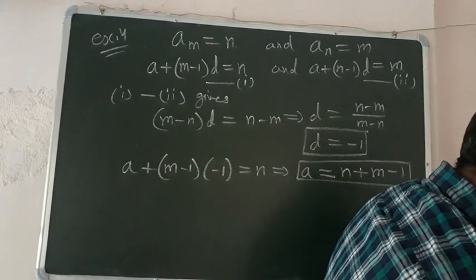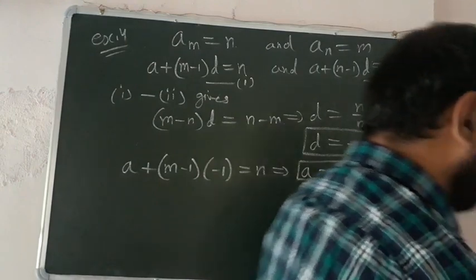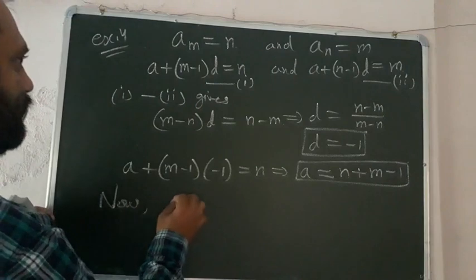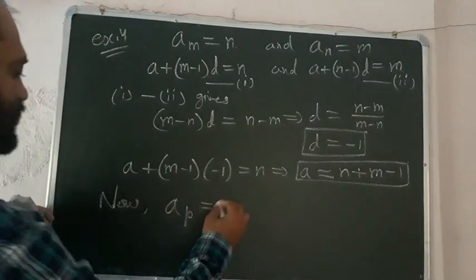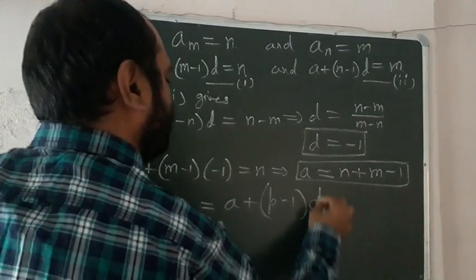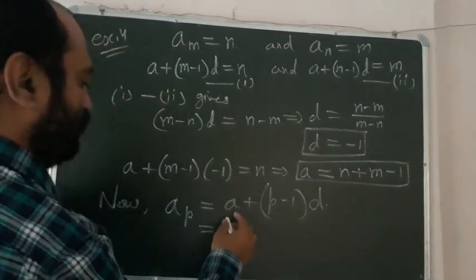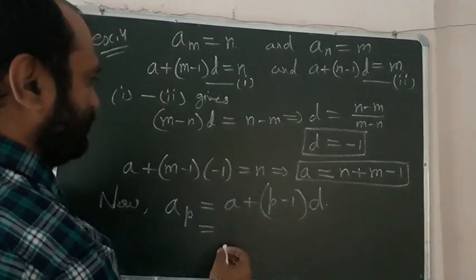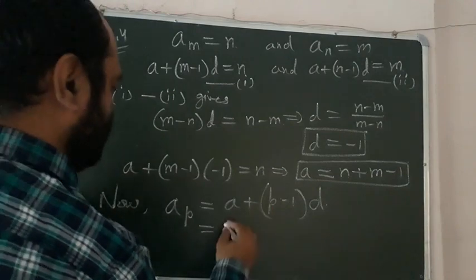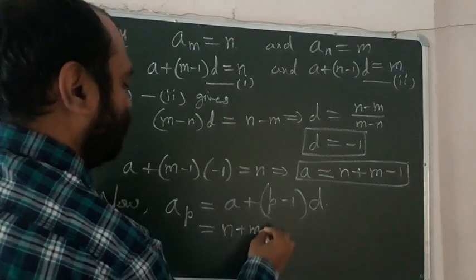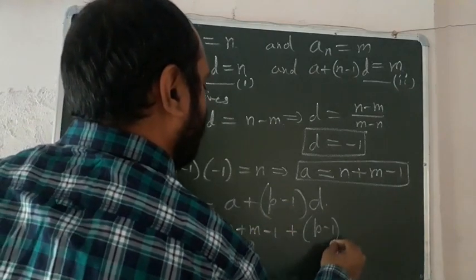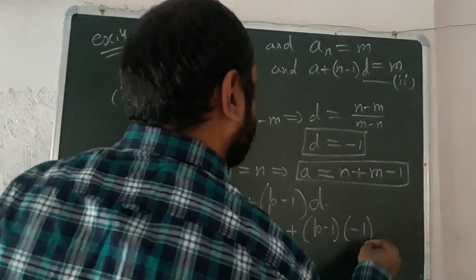When you get the values of a and d, now you can find the pth term of the AP. The pth term is a plus (p minus 1) into d, beta. So when you put the values of a and d here, a is n plus m minus 1, plus (p minus 1) into minus 1, right?